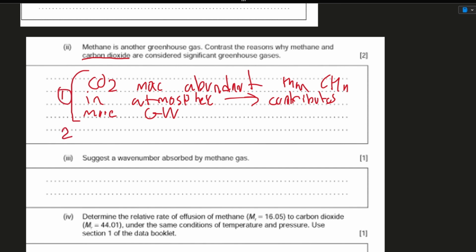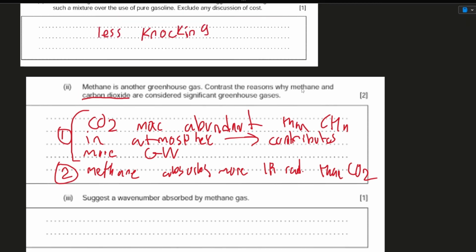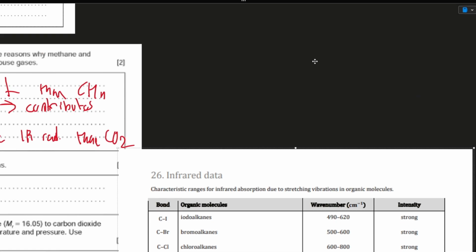And the second reason, I'm pretty sure we can talk about the absorption of infrared radiation in the atmosphere. So we can say that methane absorbs more infrared radiation than carbon dioxide. And I think this is supported in section 26 of the data booklet. I can go ahead and paste it right now, right here.